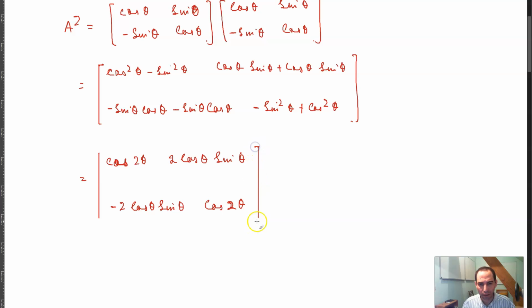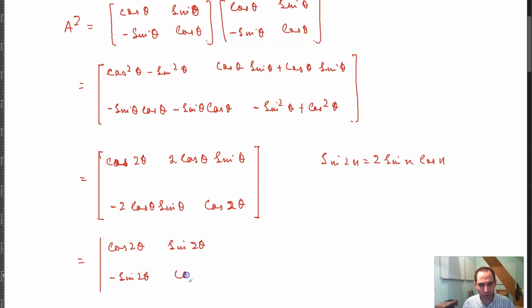And then you can write this as, 2 times cos theta sine theta is the same thing as, you know, that sine 2x is equal to 2 times sine x cos x, right? So I can write this as cos 2 theta, sine 2 theta, negative sine 2 theta, and cos 2 theta.